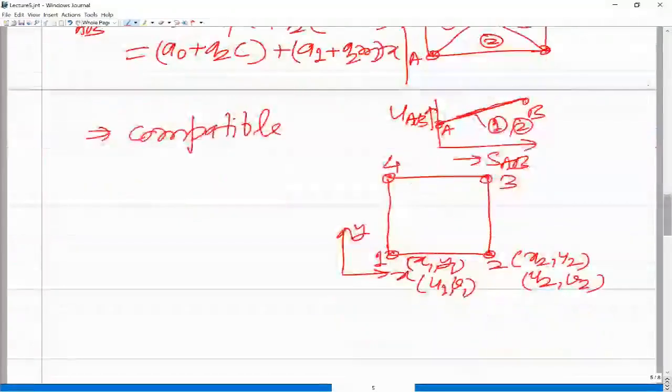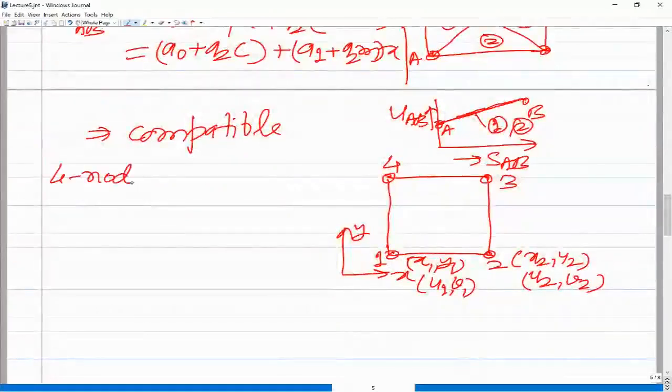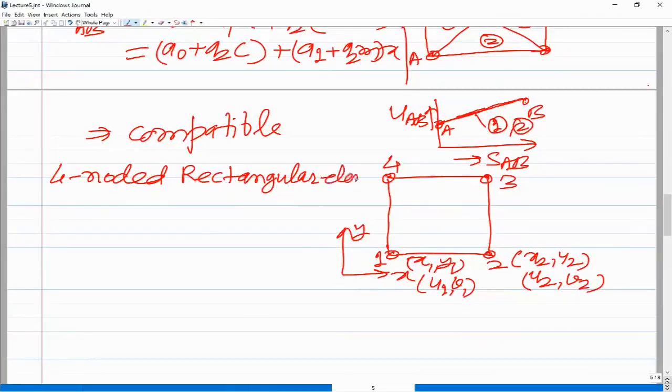So now in this case, I'm talking about the four noded rectangular element, and if you look at the approximate solution u, there are now four nodes, and at each node we have u as a degree of freedom and v as a degree of freedom.